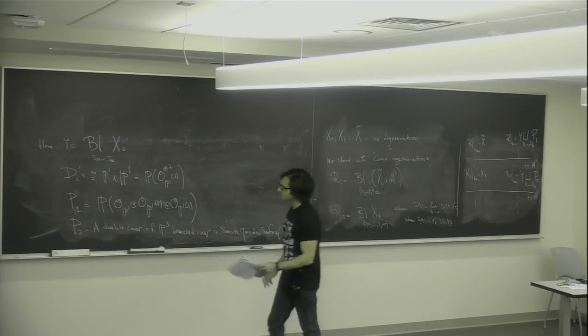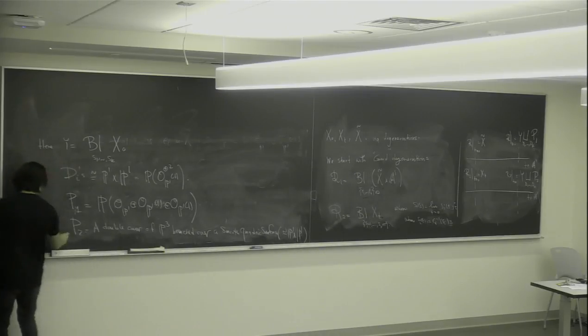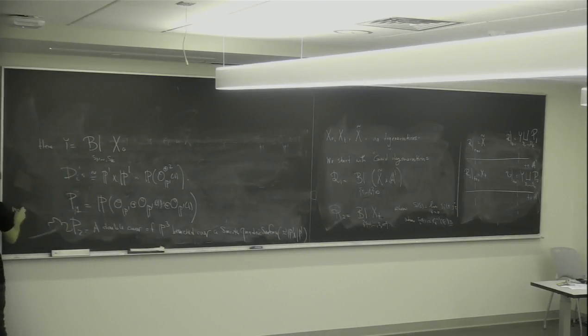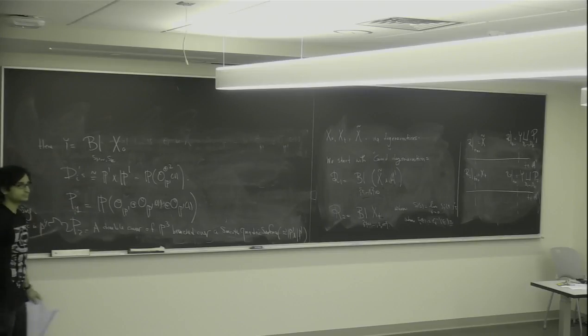So P2 is just a smooth quadric in P4, right? So it's a non-singular quadric in P4.